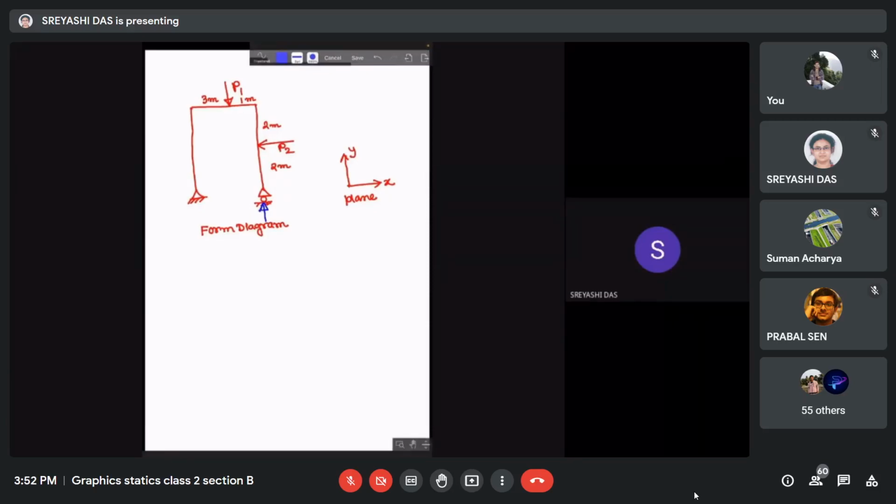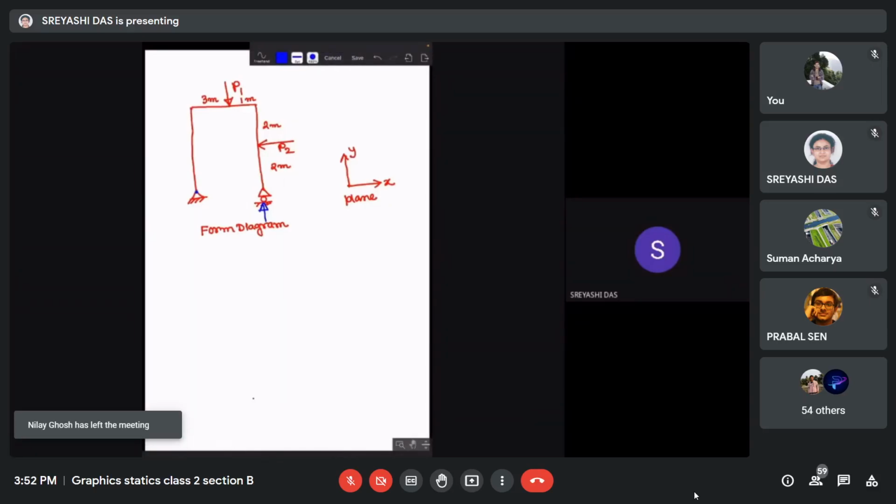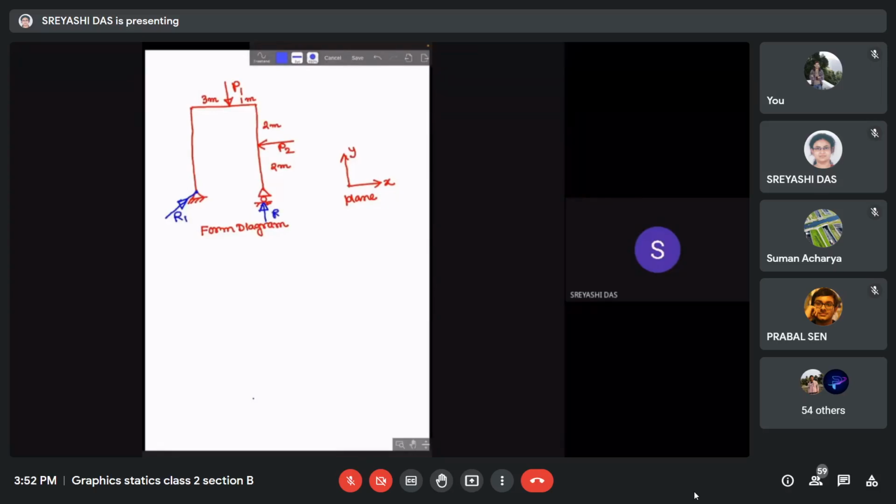And here, there will be a horizontal component and a vertical component of the reaction. We don't know the exact direction of the resultant reaction, so let us take it like this. This is suppose reaction 1, and this is reaction 2.